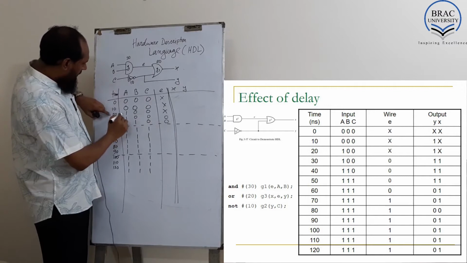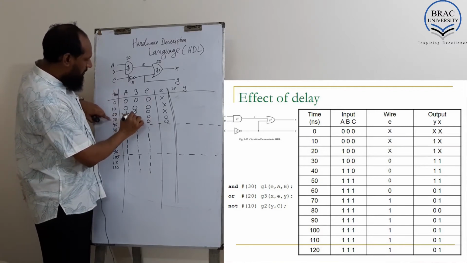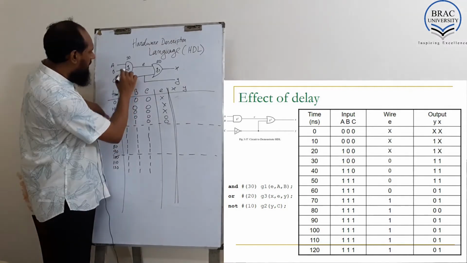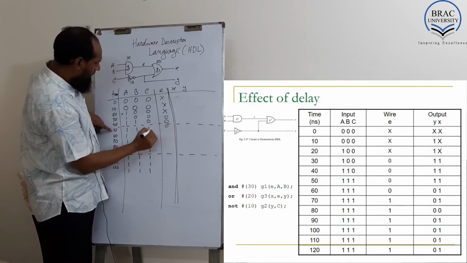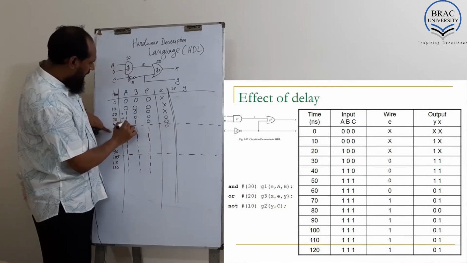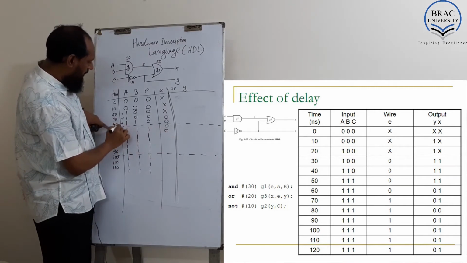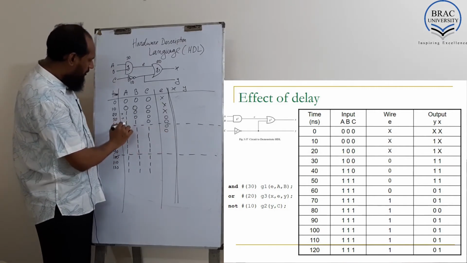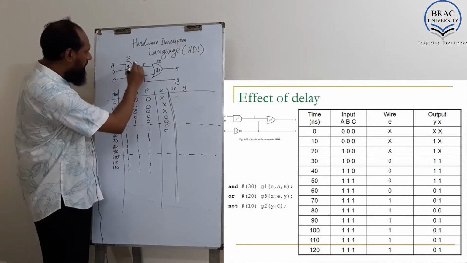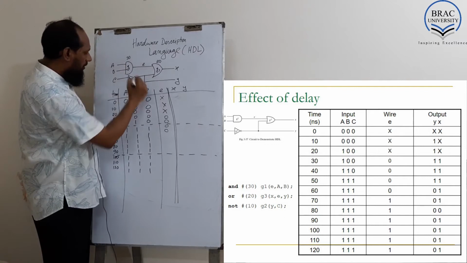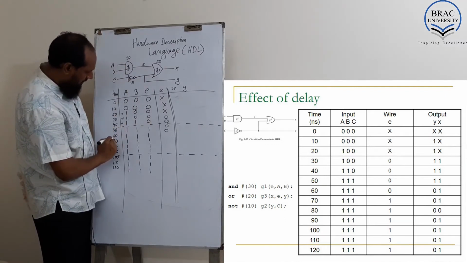In the same way, if we consider this part, for 1, 0, we will get again 0 since this is an AND gate, but on 50 nanosecond. Again, we will get 0 on 60 nanosecond, but on 40 nanosecond, we got both A and B as 1. So we will get 1 at which time? 40 plus 30, that means 70 nanosecond.